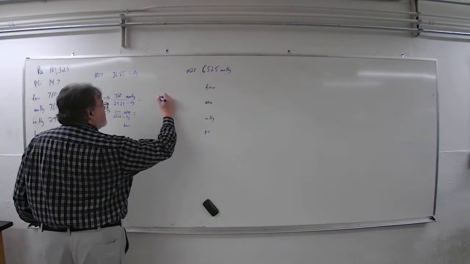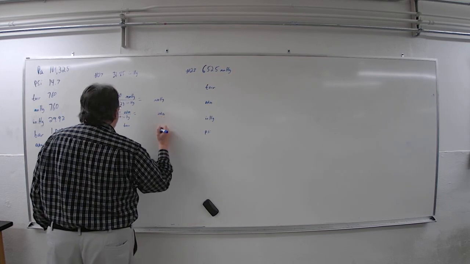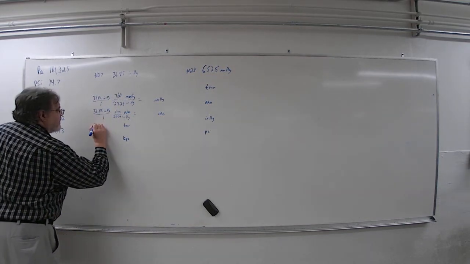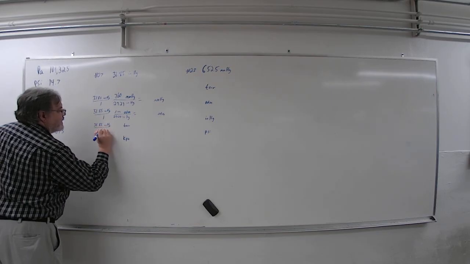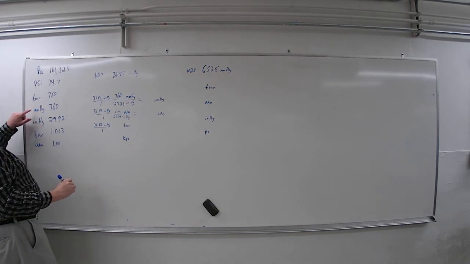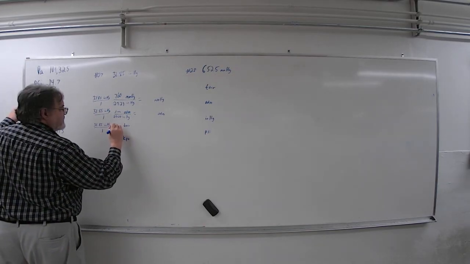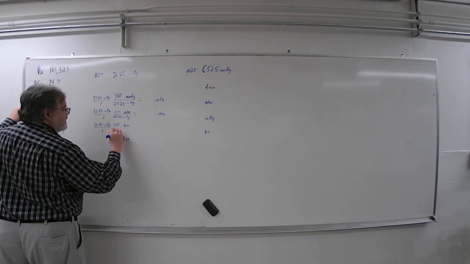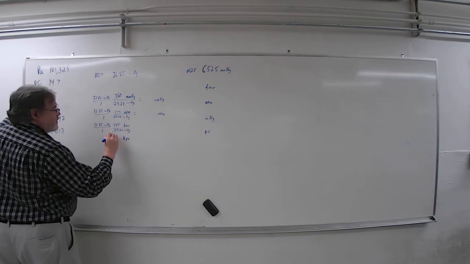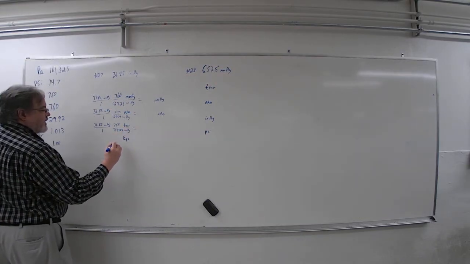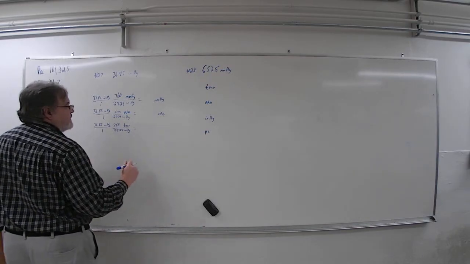So that'll convert to atmospheres. 31.85 inches of mercury converted to torr. Torr is the same thing as millimeters of mercury. So I'm going to put 760 torr and 29.29 inches of mercury. Don't worry about kilopascals.